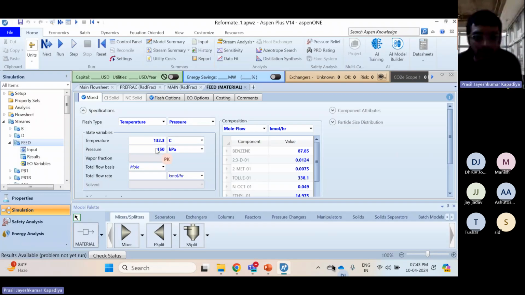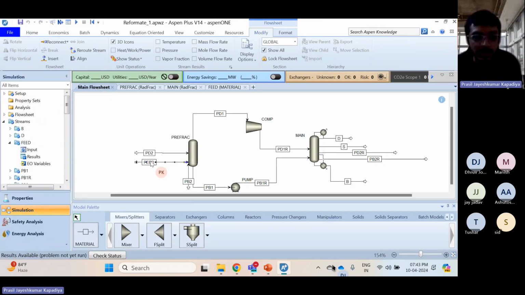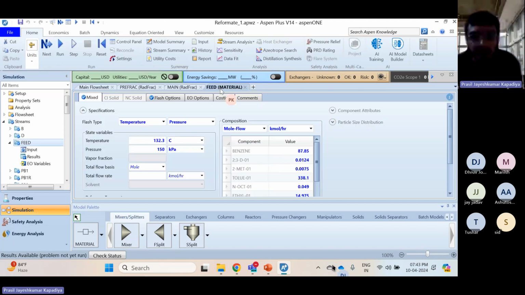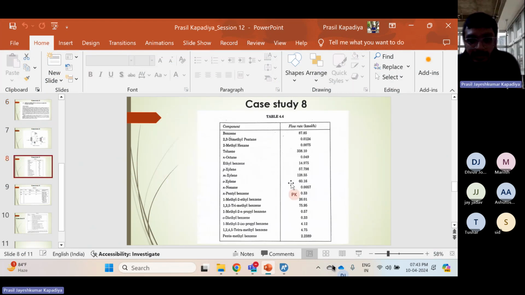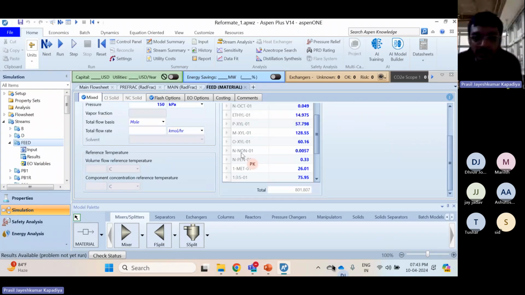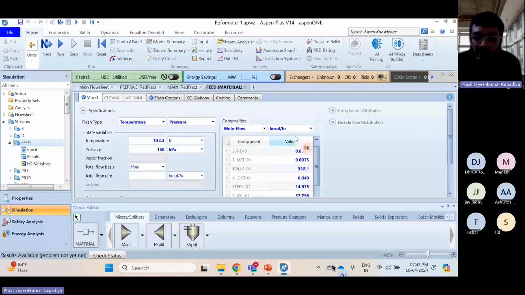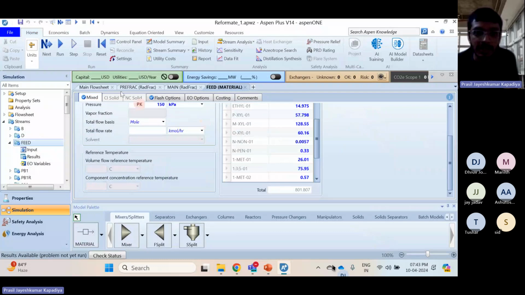So that we have given as our feed stream. Then what else is given to us? This huge table containing molar flow rates in kilomoles per hour for all these components. So I added all these components and then the molar flow rate in kilomole per hour. Okay, this feed stream is clear to everyone.